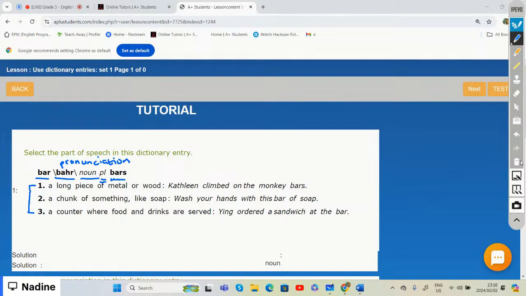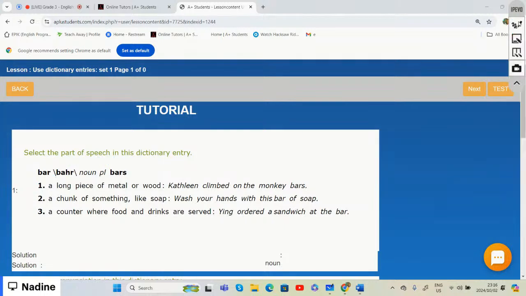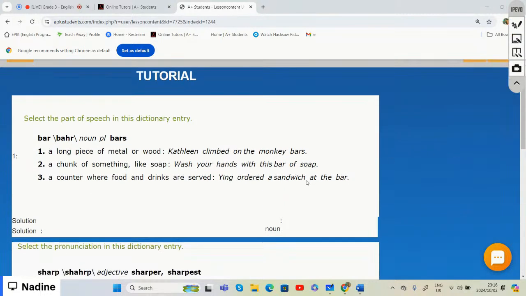All right. So now they say select the part of speech in the dictionary entry. If we look at this dictionary entry, what is the part of speech within that entry? The part of speech.